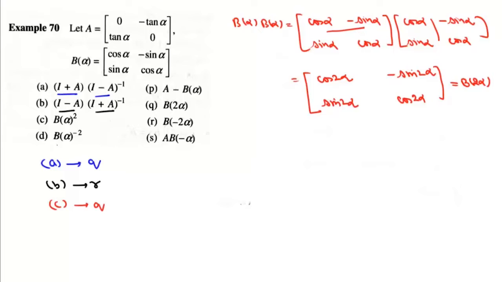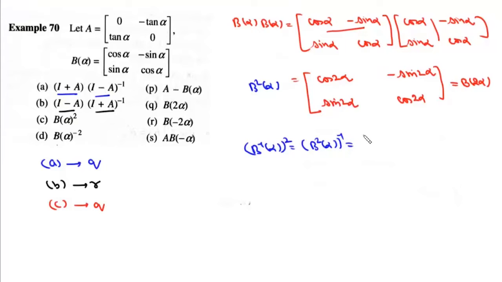Now the next one is we need to find B alpha to the power minus 2. Basically it is square of inverse of B alpha. Now we know that square of B inverse alpha will be same as inverse of B square alpha. Now we have already worked out B square alpha. Now determinant of B square alpha will be cos square 2 alpha plus sin square 2 alpha, which is 1.